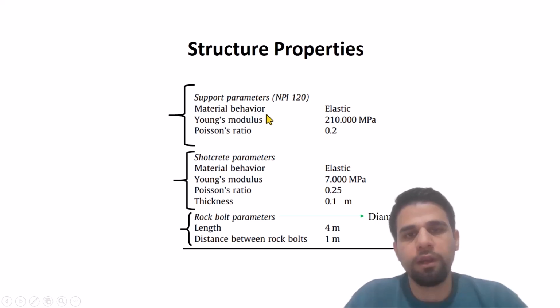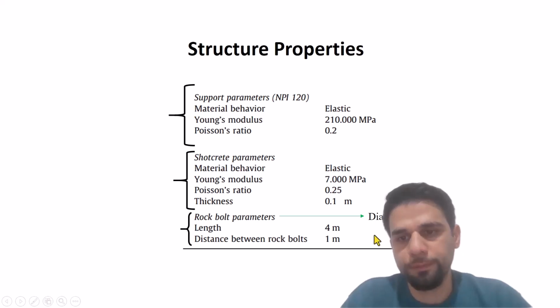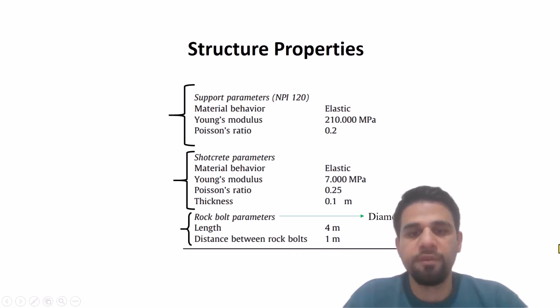Here, steel arc structure with MPI profile, shotcrete parameters and rock bolt parameters with diameter 25 millimeters and length of 4 meters and distance between cable bolts 1 meter. We will model cable bolts, not rock bolts.